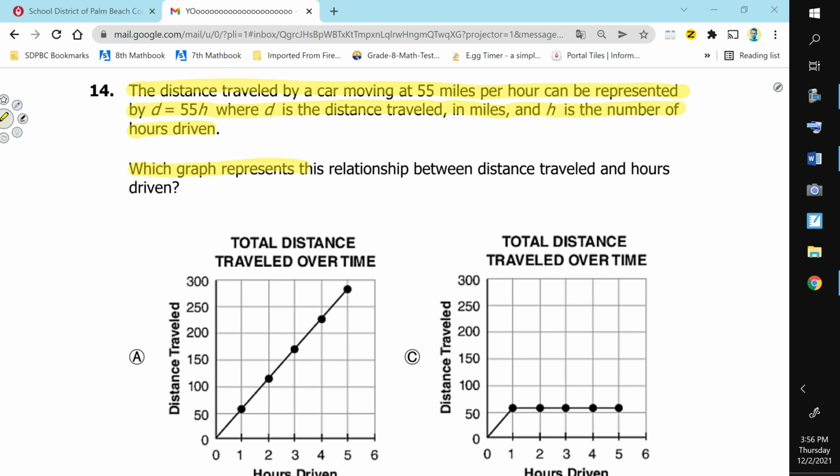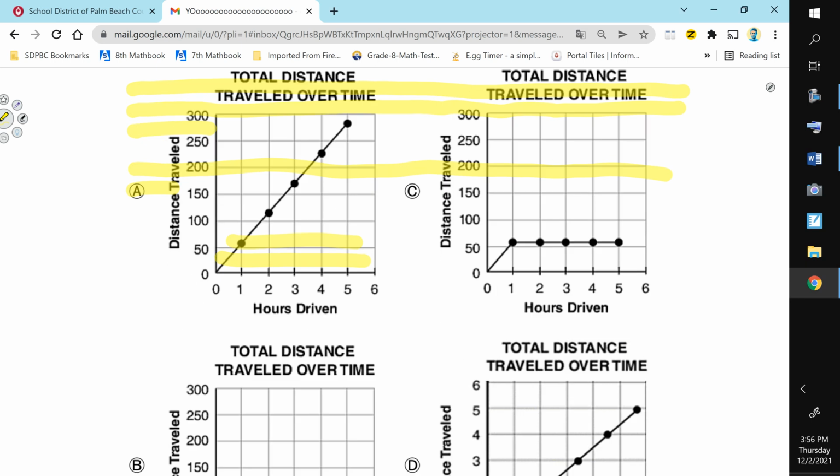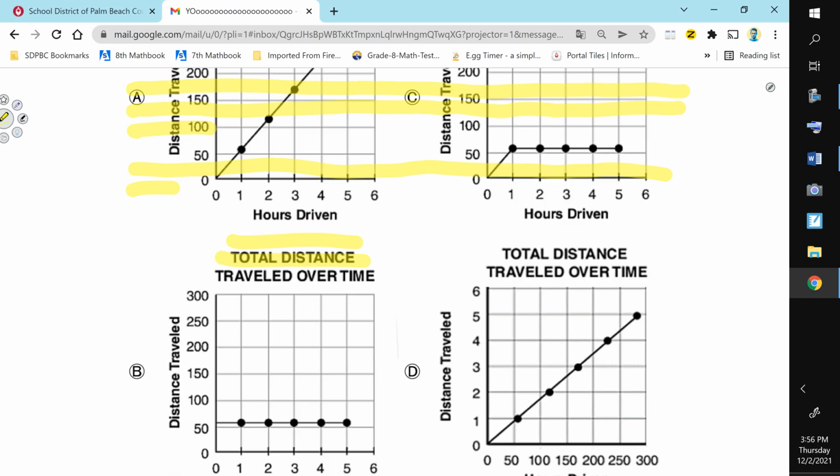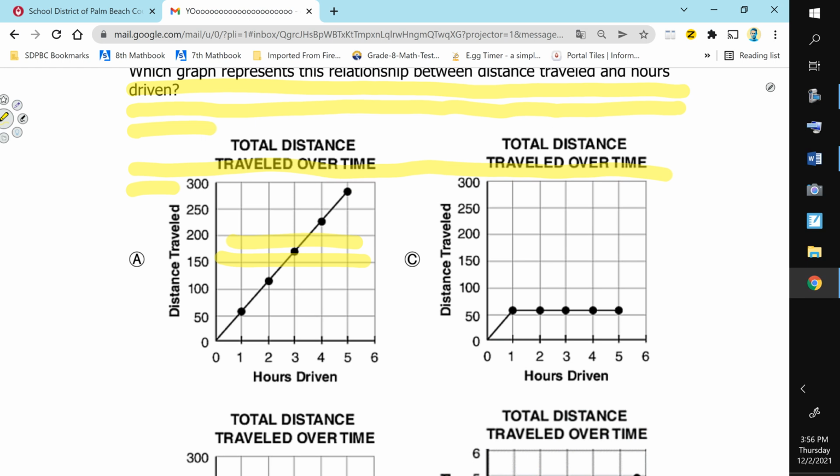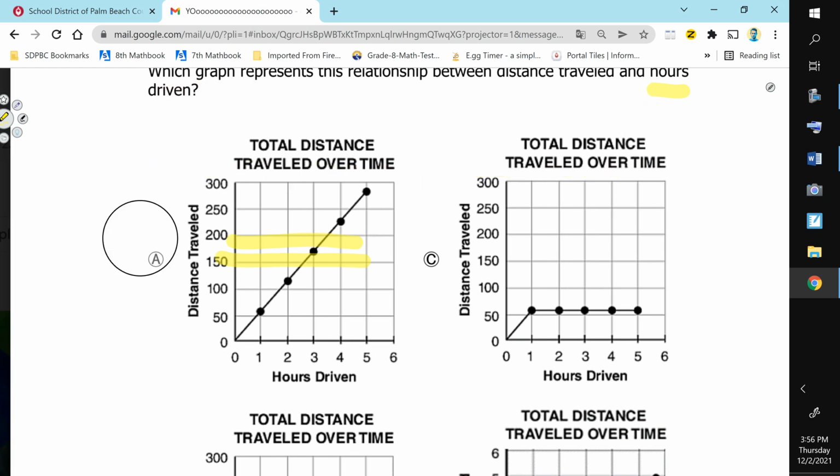Which graph represents this relationship between distance traveled and hours driven? These all say total distance traveled over time. And it looks like they all have distance traveled right here and hours driven right there. See? Distance traveled, hours driven. Match the graph to the equation. Good luck. I hope this was helpful.